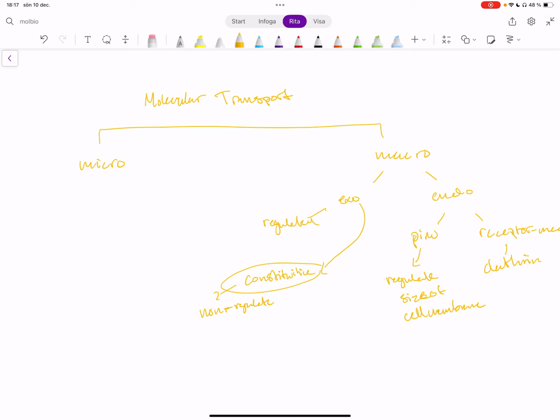I don't know actually if constitutive happens more often than regulated, but most proteins are released through constitutive exocytosis. So they don't really need a signal. That's the main difference. This one needs a signal to release, and this one doesn't need a signal to release protein or signal or whatever it is.